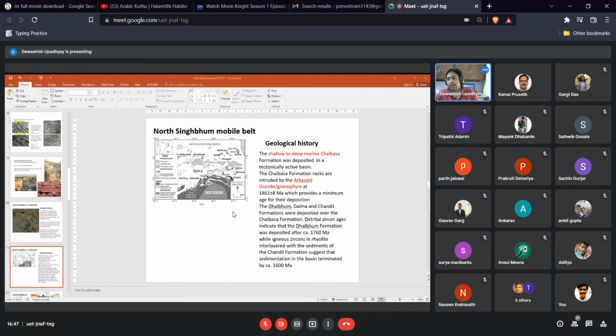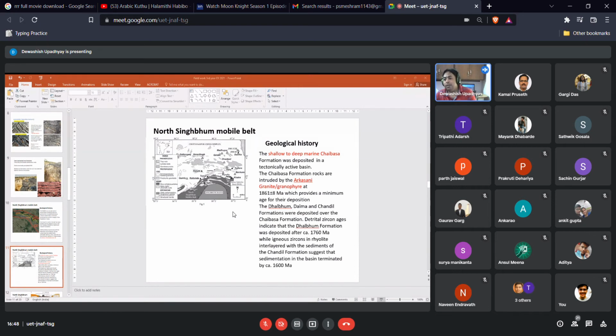You had a basin which had formed there, and the Chaibasa formation rocks also comprise mostly quartzites, siltstones, etc., and they are intruded by a granite or granophyre called the Arkasani granophyre at 1861 Ma. So in other words, the Chaibasa formation rocks were already deposited by about 1861 Ma.